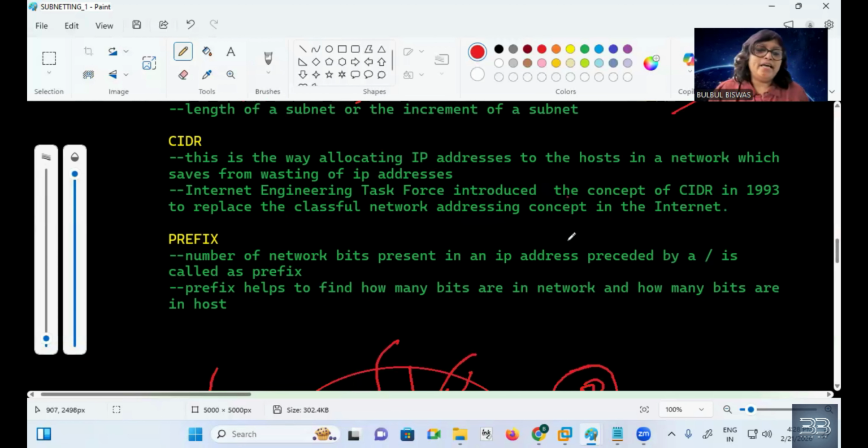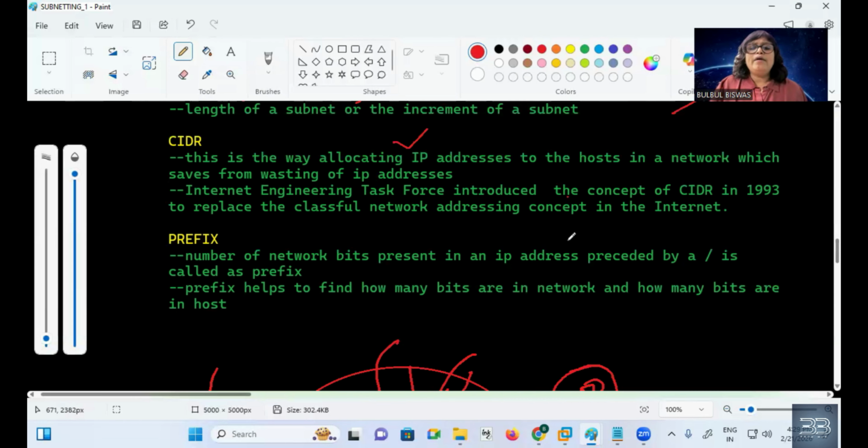Next is the CIDR. What is CIDR? Classless Inter-Domain Routing. What is it? Actually, previously it was classful, with a default subnet mask, but all of a sudden the world transformed when there was a situation of a lack of public IPv4 addresses. So they transformed their IP address allocation style from classful to classless.